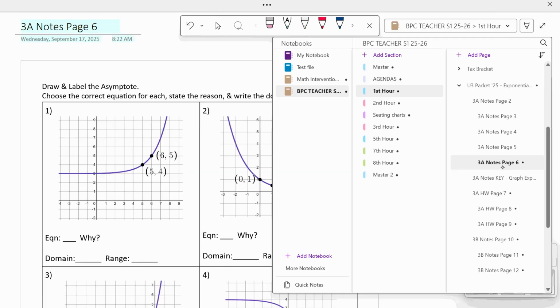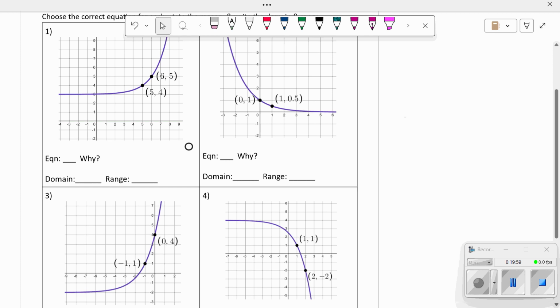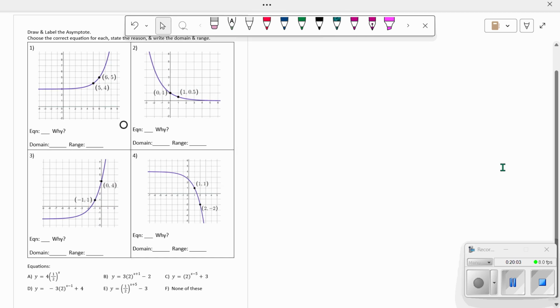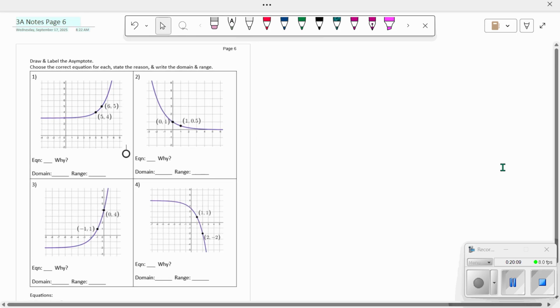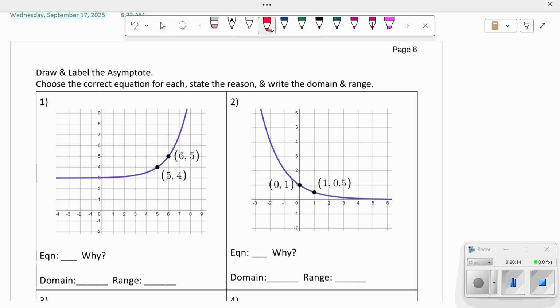The last thing we'll ask you to do is take a look at some graphs and figure out which equation it has to go with based on your knowledge of shifts. So, first thing, draw and label the asymptote. This looks like it's getting super close here.